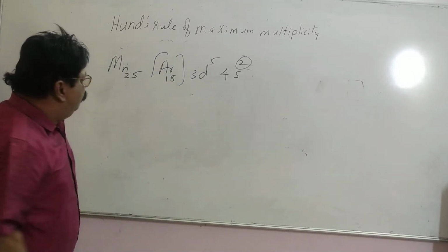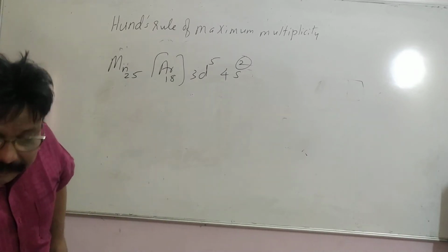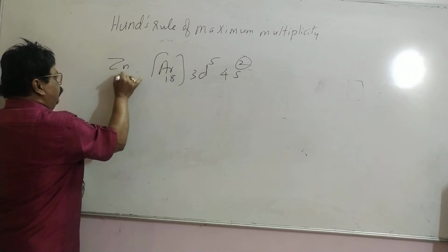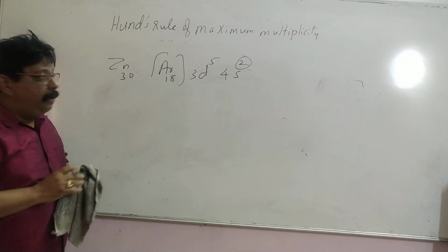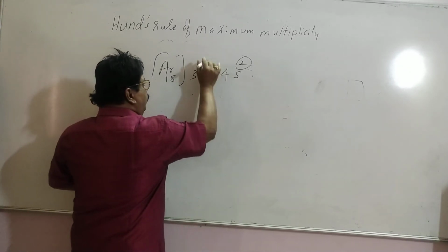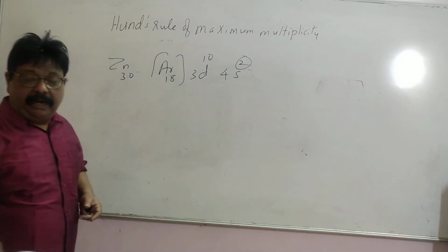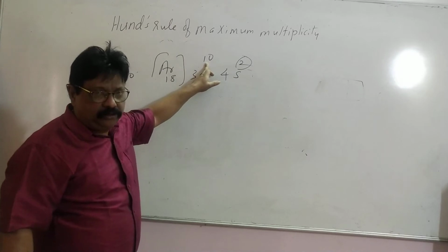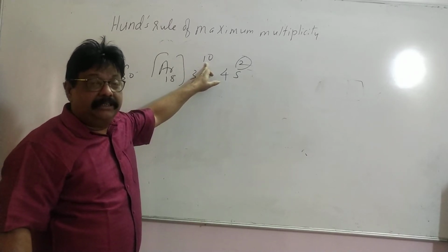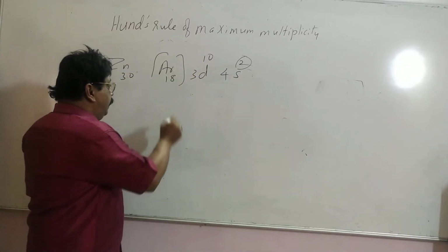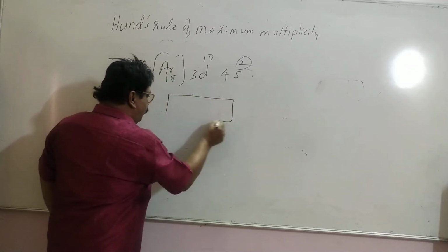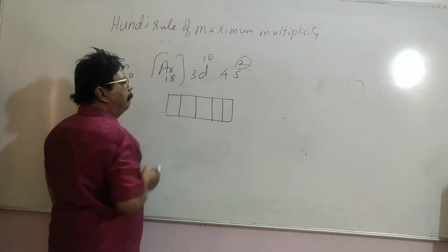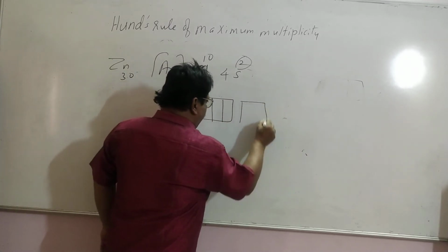For example, we are taking here zinc 30, my dear children. Zinc 30 means d10 completely filled. See, 18 plus 2 is 20, 20 and 10 is 30, total electrons 30. Now in 3d, how many boxes do we make? 5 boxes we will make, and for 4s we will make 1 box.